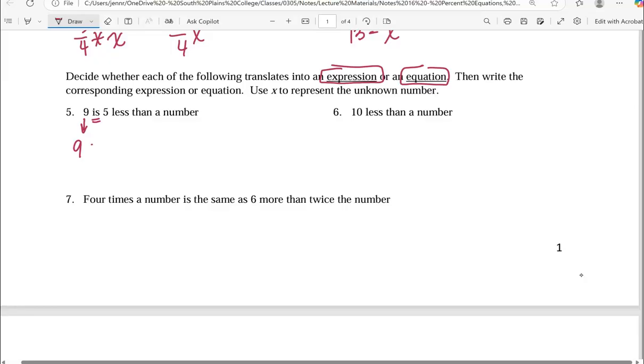So 9 is becomes 9 equals. 5 less than tells me to subtract. A number is where I put x. But remember that less than really tells me I need to switch this order. So I'm going to switch the 5 and the x. 9 equals x minus 5. And this is our first equation.